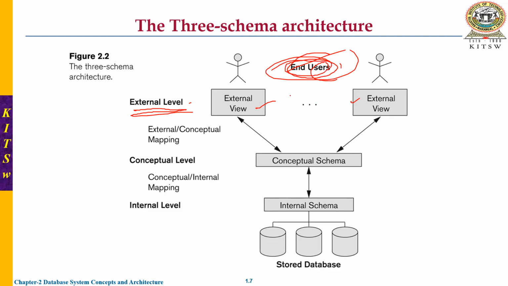The second level is the conceptual level, which has the conceptual schema. And the lowest level is the internal level, which contains the internal schema. Internal schema can be developed by its databases. These are all databases, and always remember, this symbol is the database symbol.